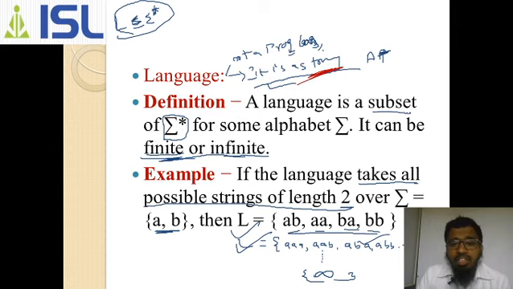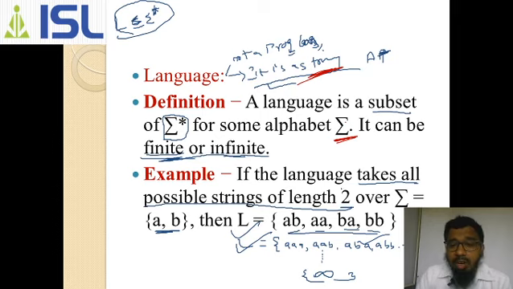A language is a subset of Sigma star for some alphabet sigma. It can be finite or infinite.